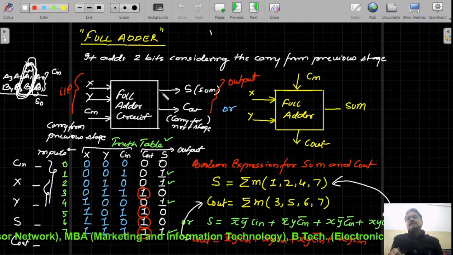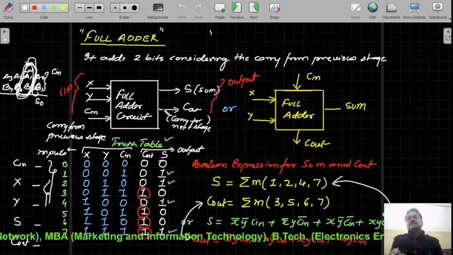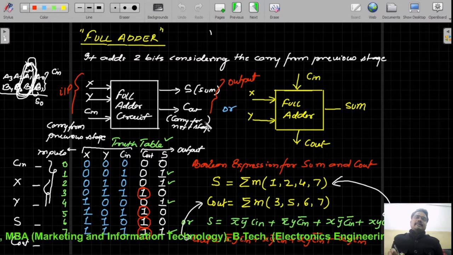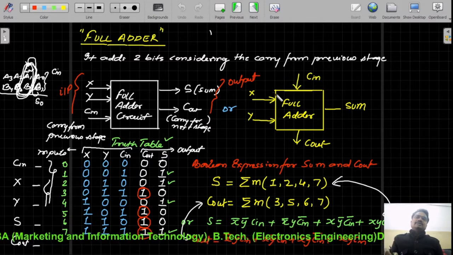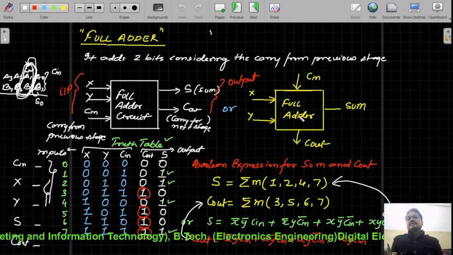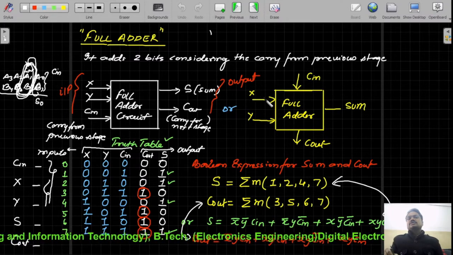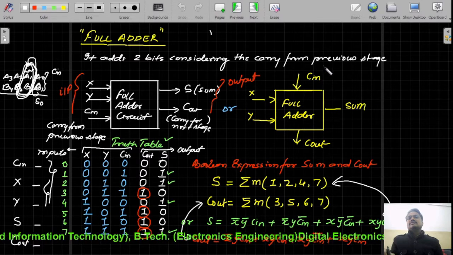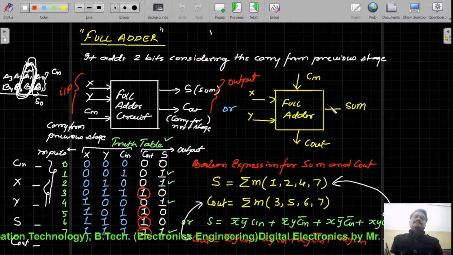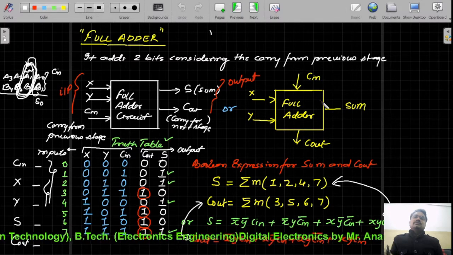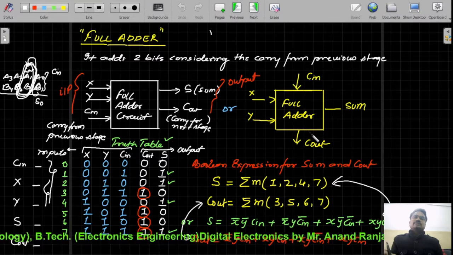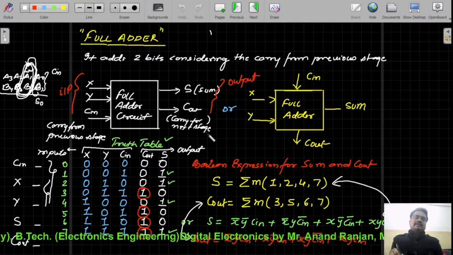On the output side we have S, which represents the sum, and C out, which represents the carry out. One more block diagram representation of the full adder circuit can be drawn like this, in which x and y represent the two inputs, and this is the C in, which represents the previous carry in if it is initiated, and the two outputs are the sum as well as the C out generated by the full adder circuit.